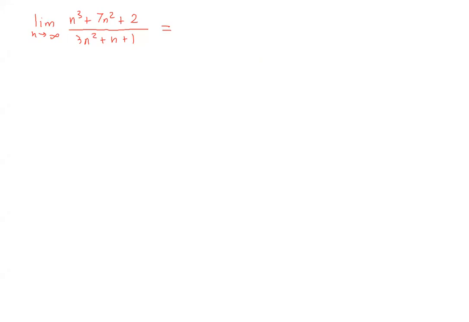We factor this out. On the bottom, it's n squared. We factor that out too. So here's what we get. n cubed times 1 plus 7 over n plus 2 over n cubed, over n squared times 3 plus 1 over n plus 1 over n squared.